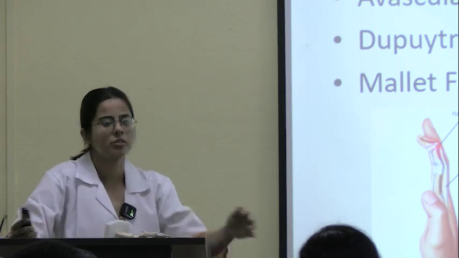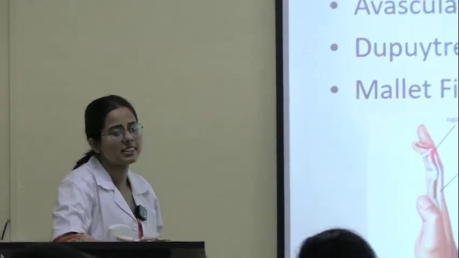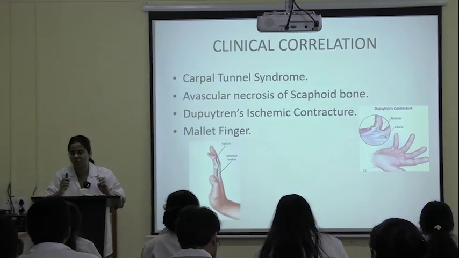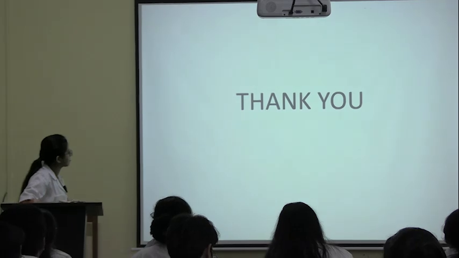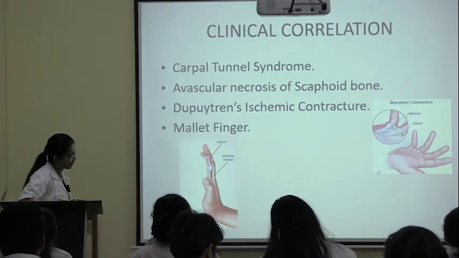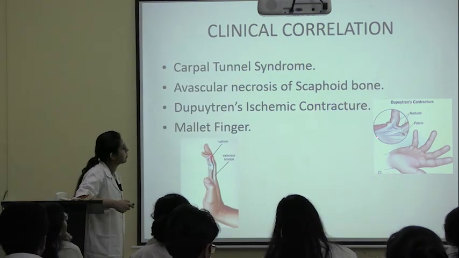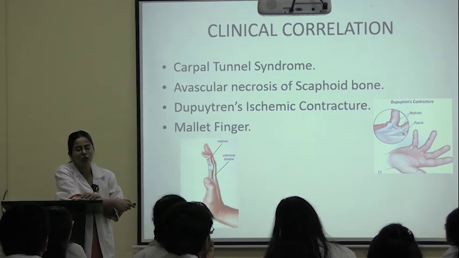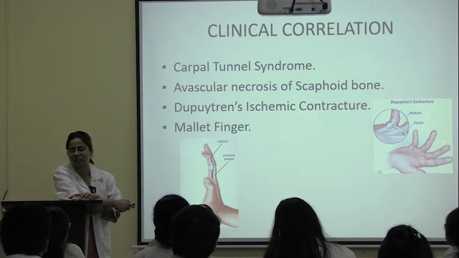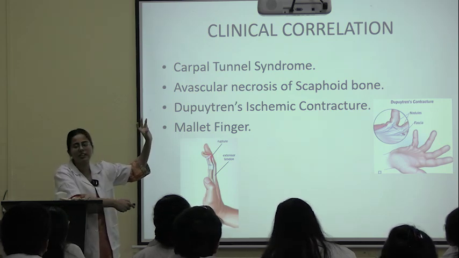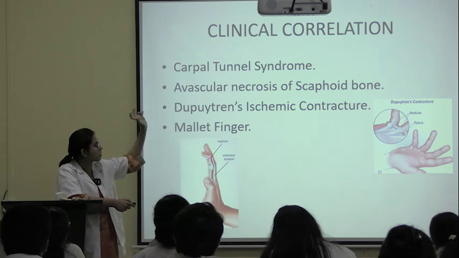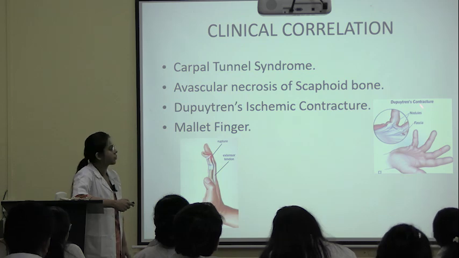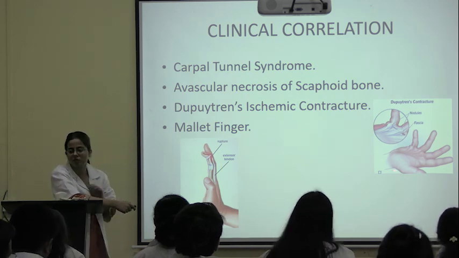In this condition there is thickening and fibrosis of the palmar aponeurosis. You can see here, the palmar aponeurosis gets thickened and fibrosed, due to which there is flexion deformity. The fingers, especially the ring finger and the little finger, are flexed. It is due to thickening of the palmar aponeurosis.